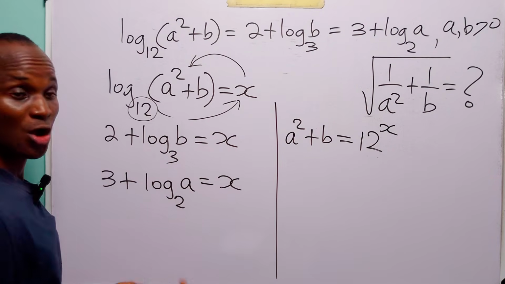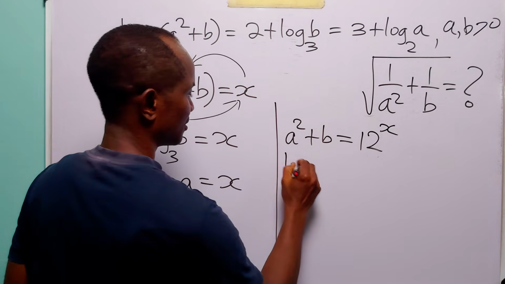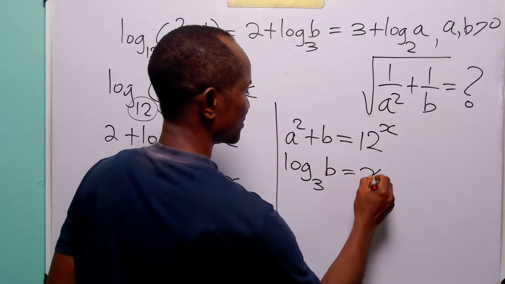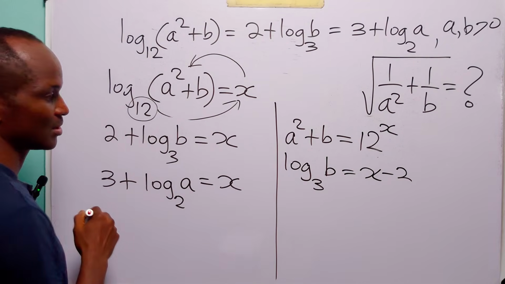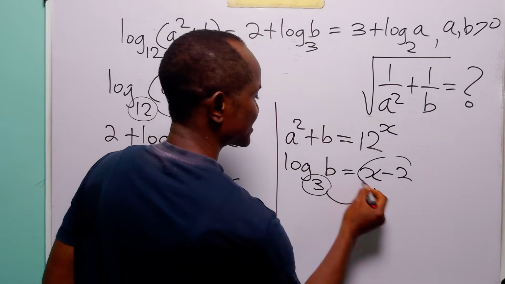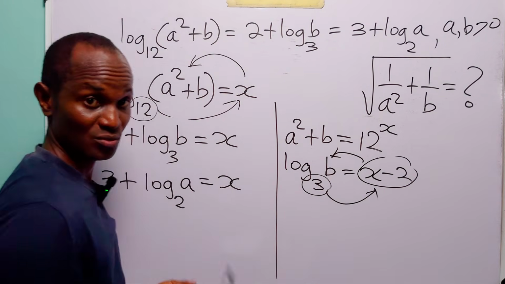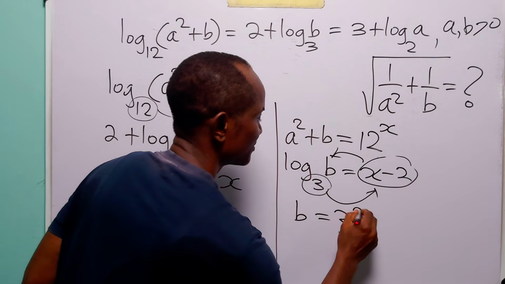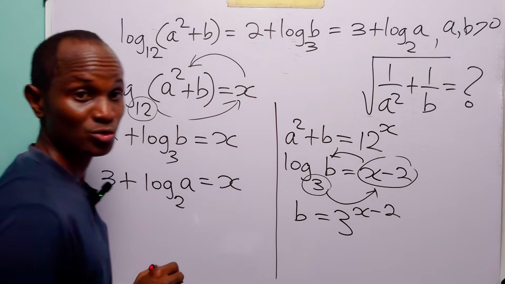When we do that, we have that log to base 3 of b is equal to x minus 2. And now we have that 3 to the power x minus 2 is equal to b. So b is equal to 3 to the power x minus 2.